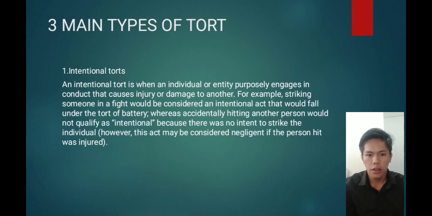Intentional tort. An intentional tort is when an individual or entity purposely engages in conduct that causes injury or damage to another.